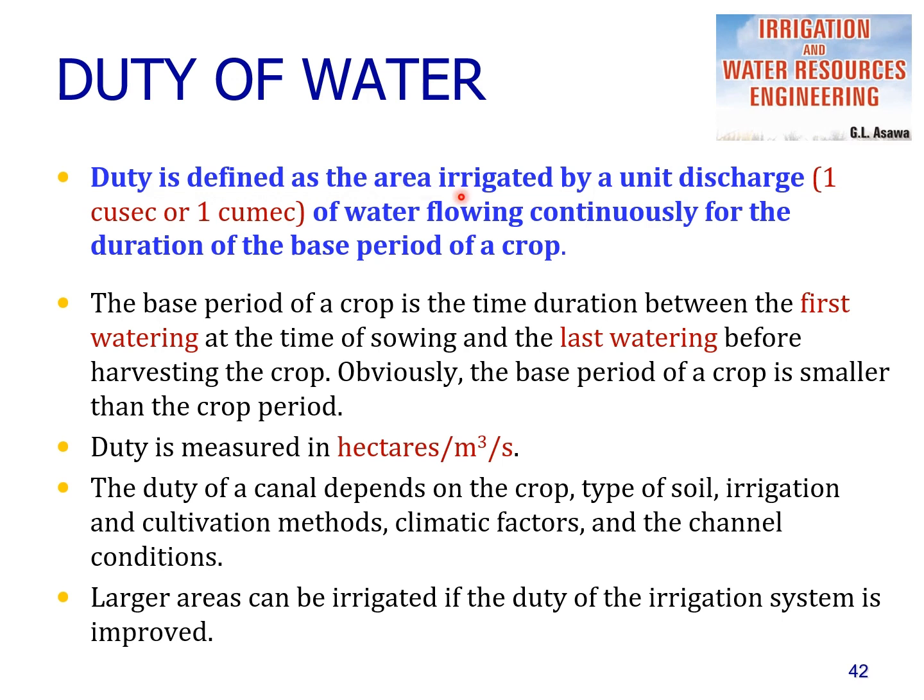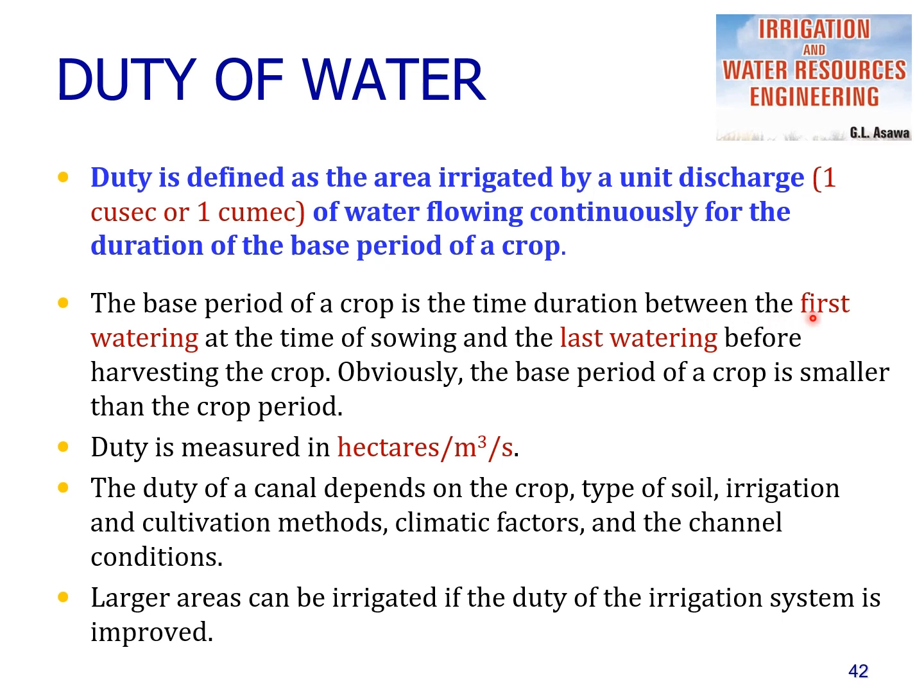Duty is basically the area irrigated by unit discharge, say 1 cubic meter per second of water flowing continuously. Continuously means it won't stop, for the duration of the base period.